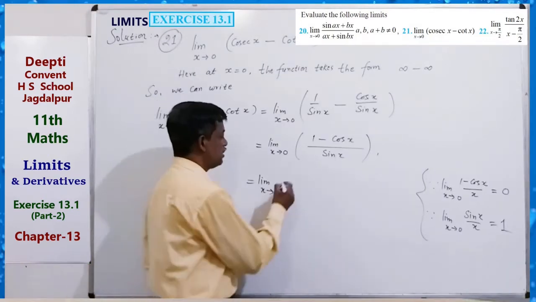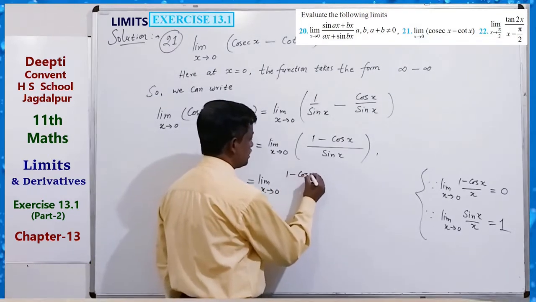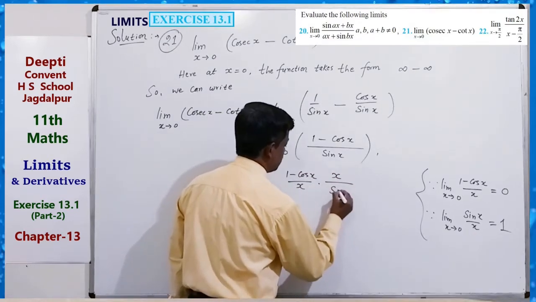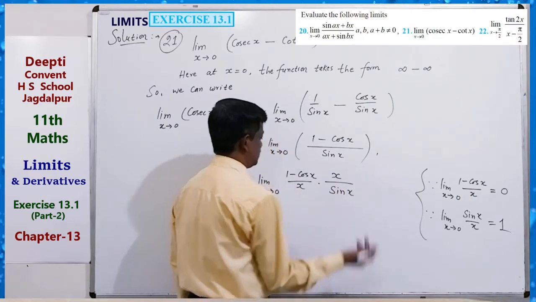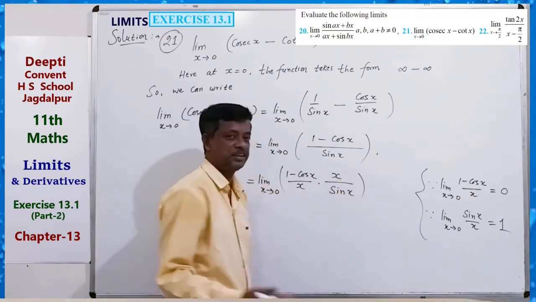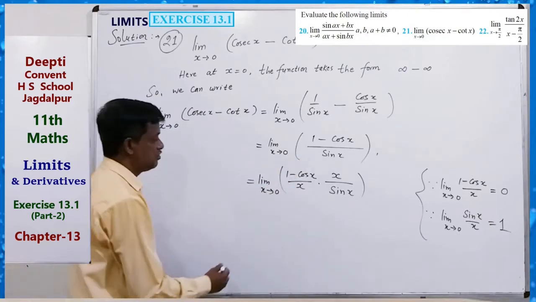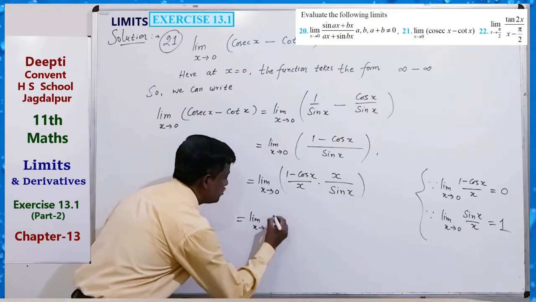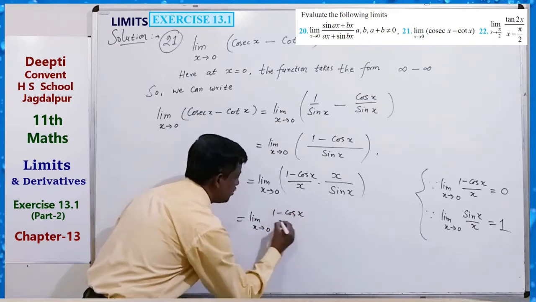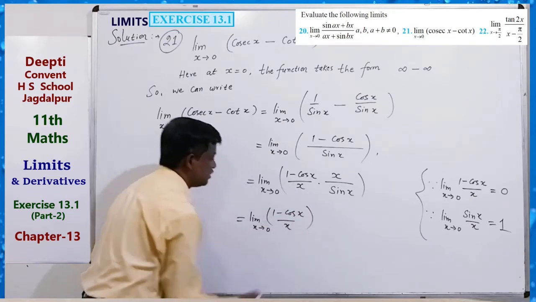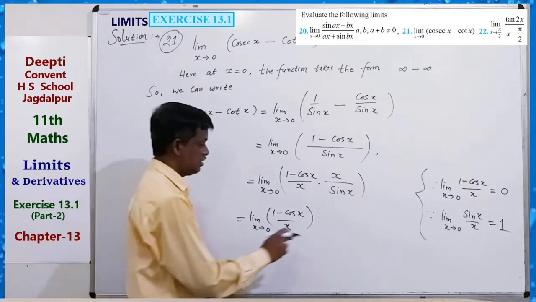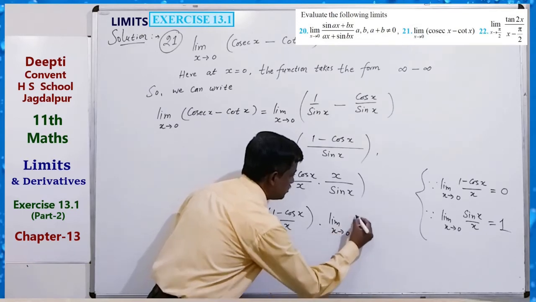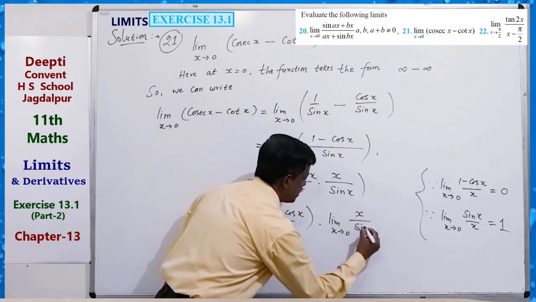With the limit at 0, we can set it like this: 1 minus cos x by x multiplying x by sin x. Just by doing this we get this combination. So the limit as x tending to 0 of 1 minus cos x upon x is the first, and also the limit as x tending to 0 of x upon sin x.